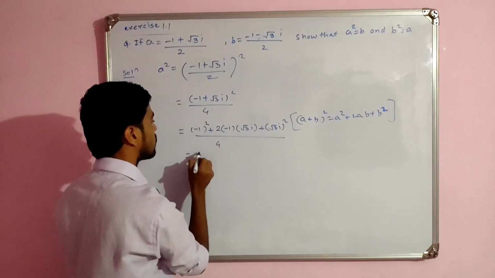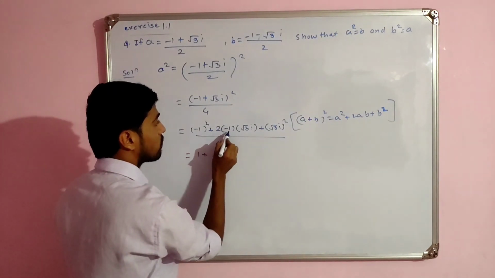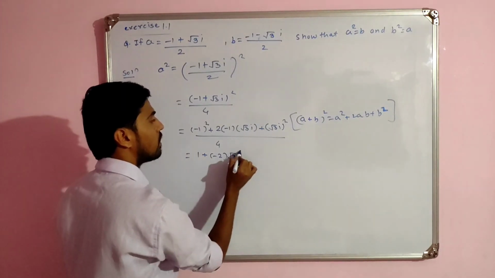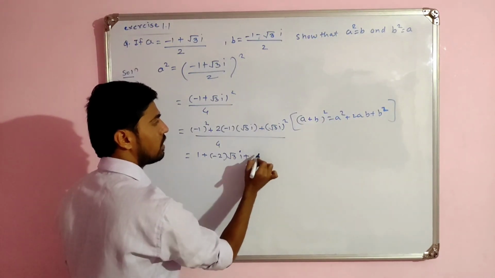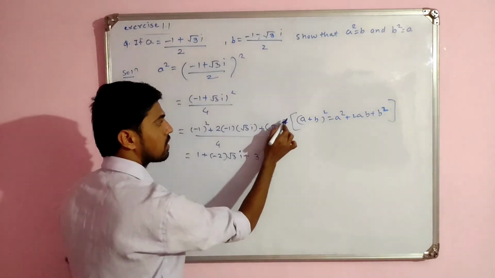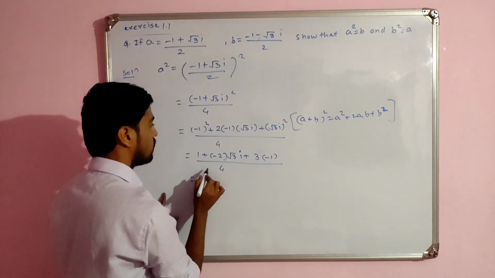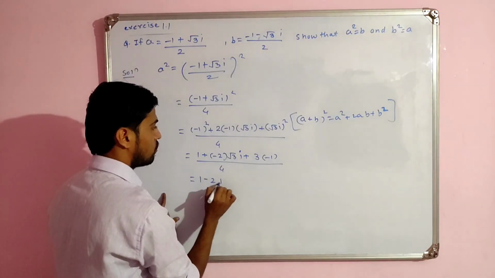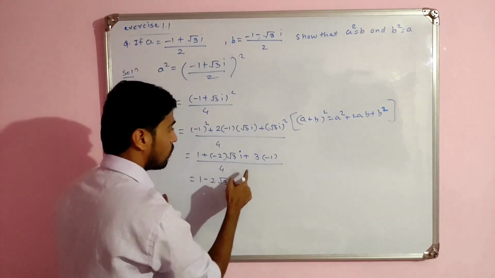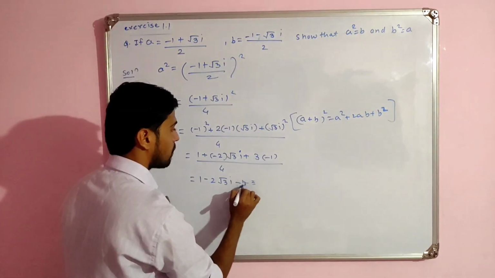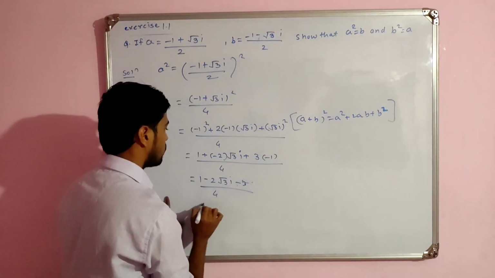4 is equal to minus 1 squared plus 1, 2 into minus 1, minus 2 into root 3i, plus root 3 squared, 3i square which is minus 1, whole divided by 4, is equal to 1 plus minus 2 root 3i plus 3 into minus 1, minus 3, whole divided by 4.